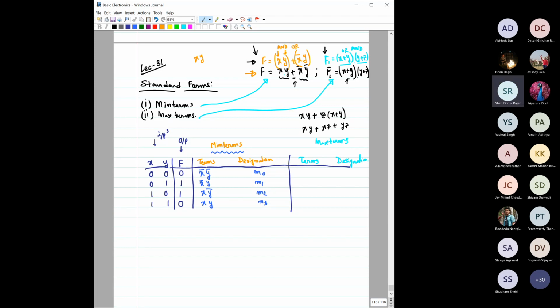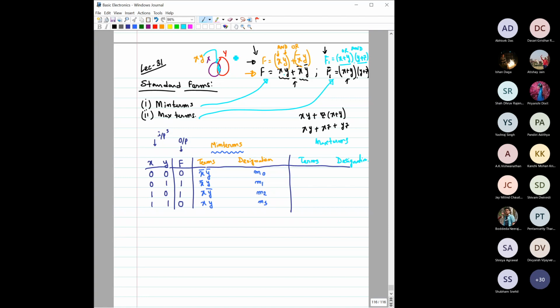The middle part, sir. Intersection of what? X and Y, the AND operation. If this is the x territory and this is the y territory, then xy denotes the middle region, isn't it? Yes, sir. You are right.